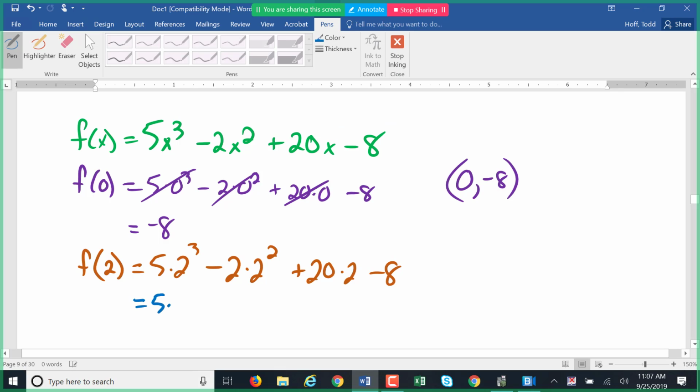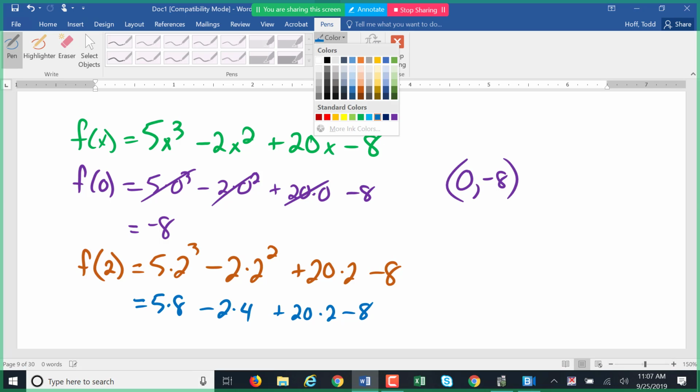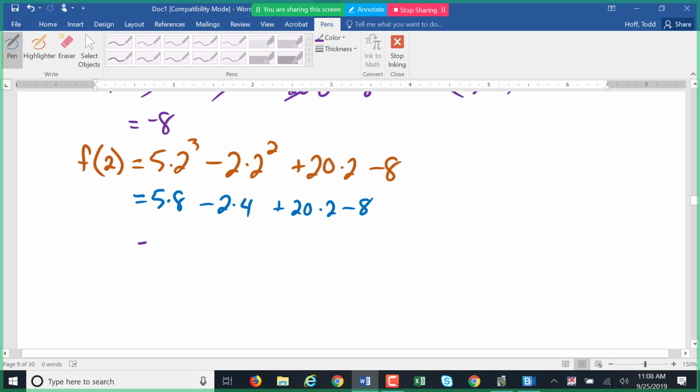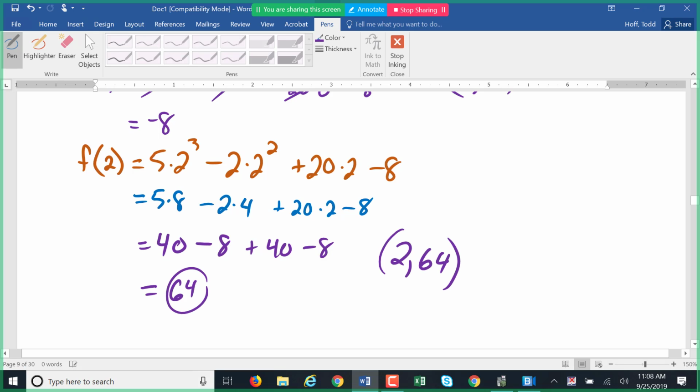Well, 2 cubed is 8, so that's 5 times 8. 2 squared is 4, so that's 2 times 4. 5 times 8 is 40, minus 2 times 4 is 8. 20 times 2 is 40, minus 8. If I add that up, I get 64. So at x equals 2, y is 64.